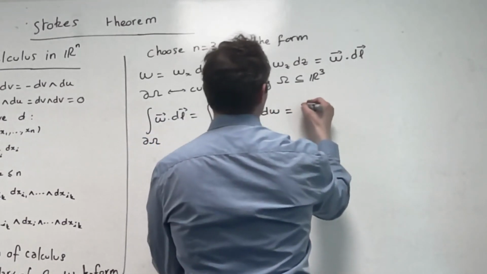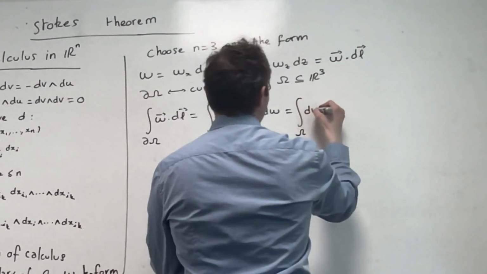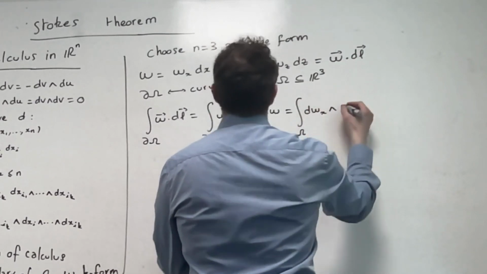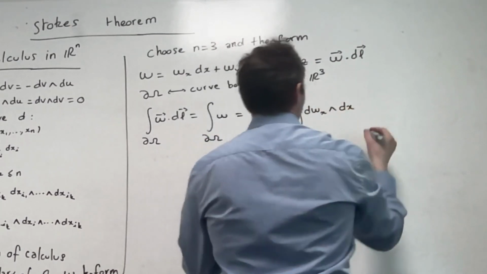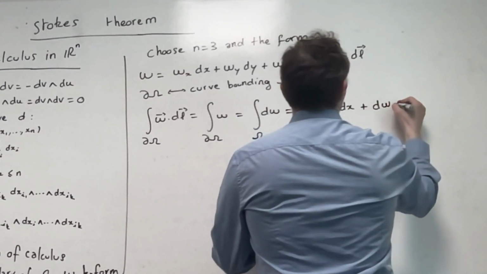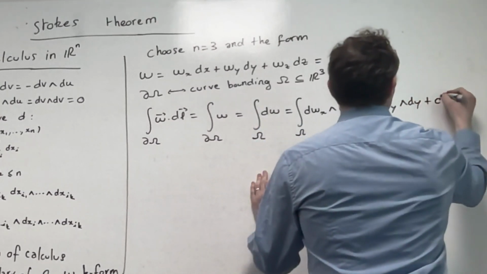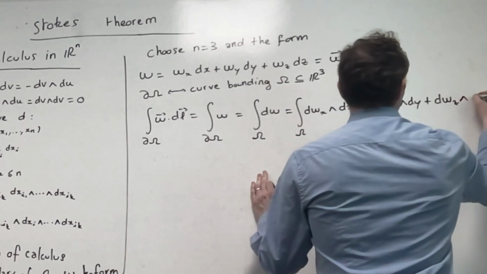So this is going to be the integral over omega of d omega x wedge dx, plus d omega y wedge dy, plus d omega z wedge dz.